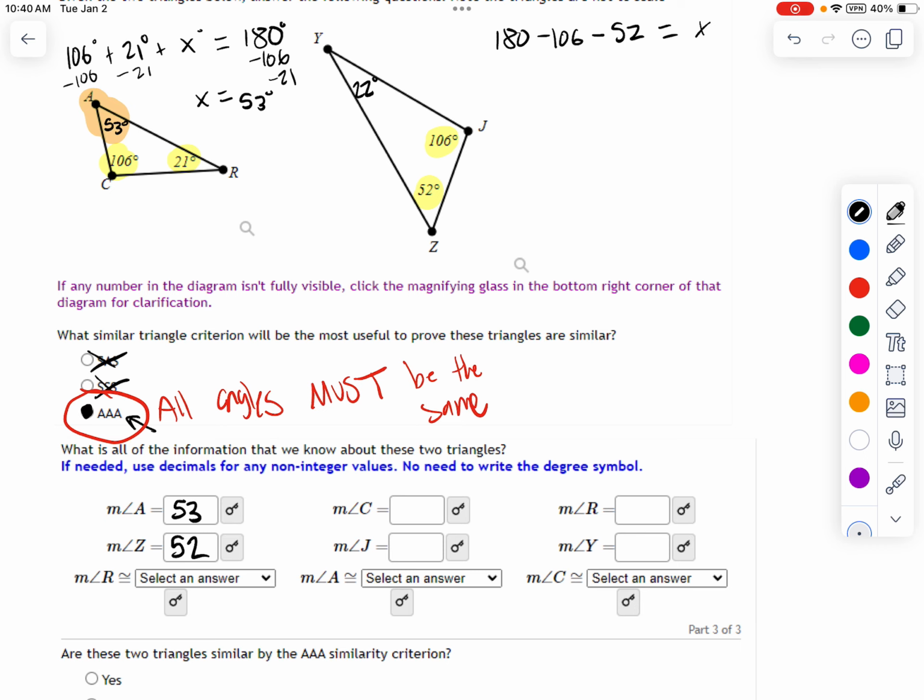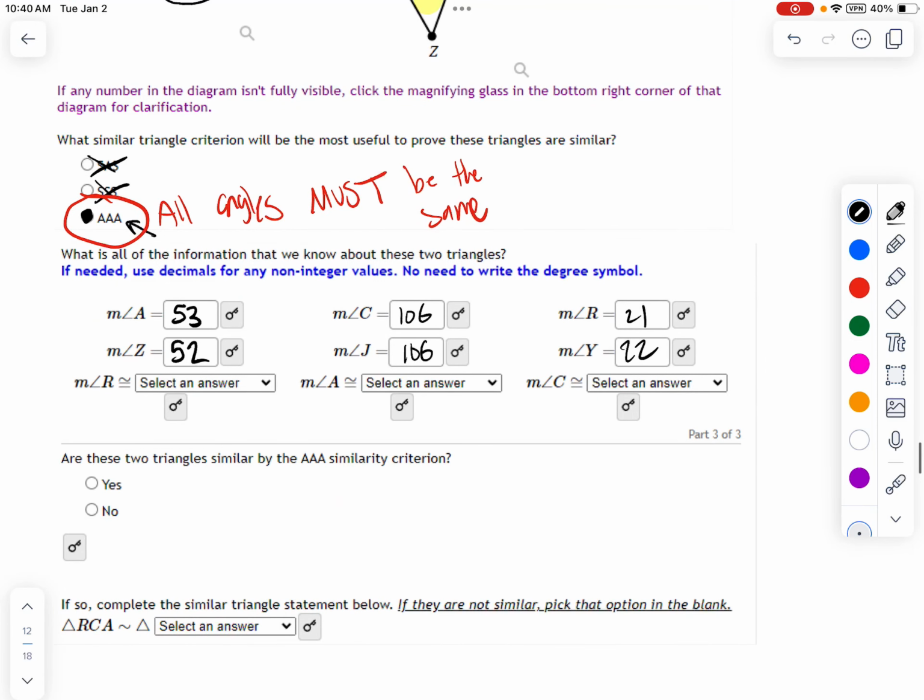The measure of angle C, 106, right up there. Same thing with J, 106. The measure of angle R, 21. Measure of angle Y, 22. Not too bad to fill out on those. Okay, and then we have these little extra symbols where it says measure of angle R is, and then we have that equal sign with the squiggly above.